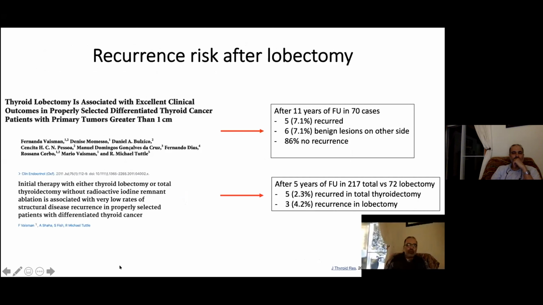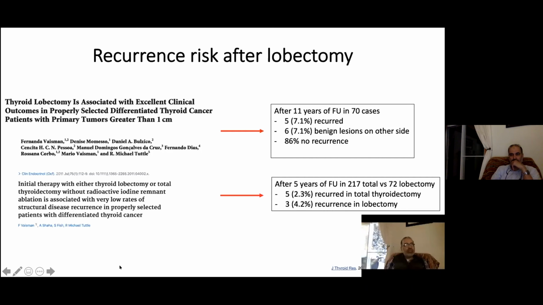Now, if you look at the rate of recurrence, these are a couple of studies I have taken to illustrate the point. After lobectomy, in patients who were not necessarily less than a centimeter but were carefully chosen with slightly larger tumors, you can see that not only is the complication rate low, but the rate of recurrence is also quite low despite lobectomy.